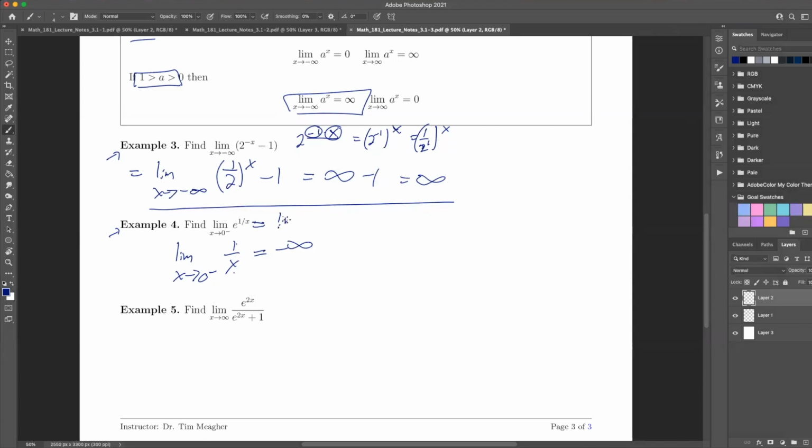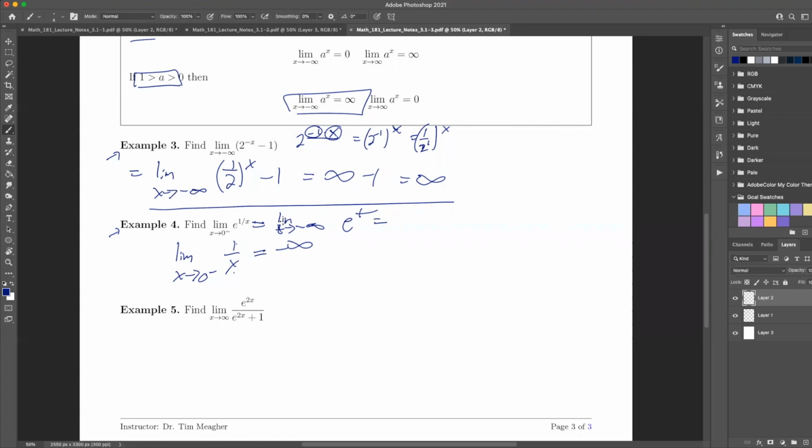limit as t goes to minus infinity of e to the t. I'm just doing a variable replacement. I know 1 over x goes to negative infinity when x goes to 0 from the left-hand side.